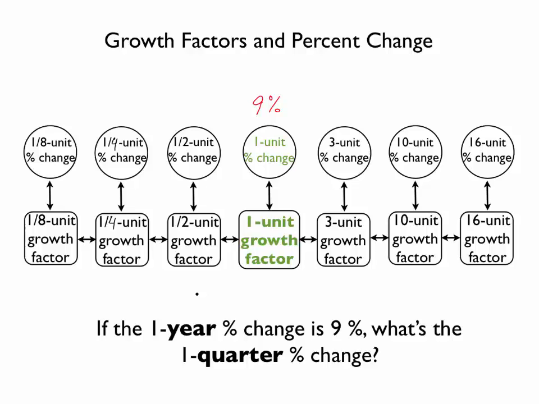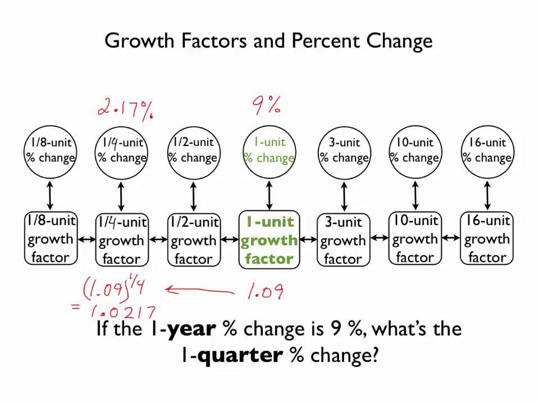Okay. Let's see. How about, tell me your name. Courtney. How'd you do? First step. 9% is 1.09 growth factor. Good. And I put that to the power of 1/4, and I got 1.021217, and that is 2.17%.